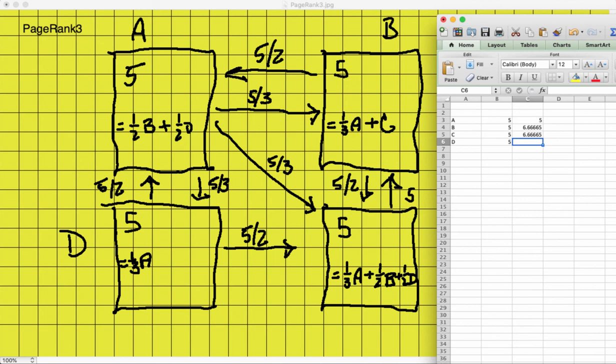And then I come over here to D, and that is equal to 0.33333 times the cell of A, which is B3.